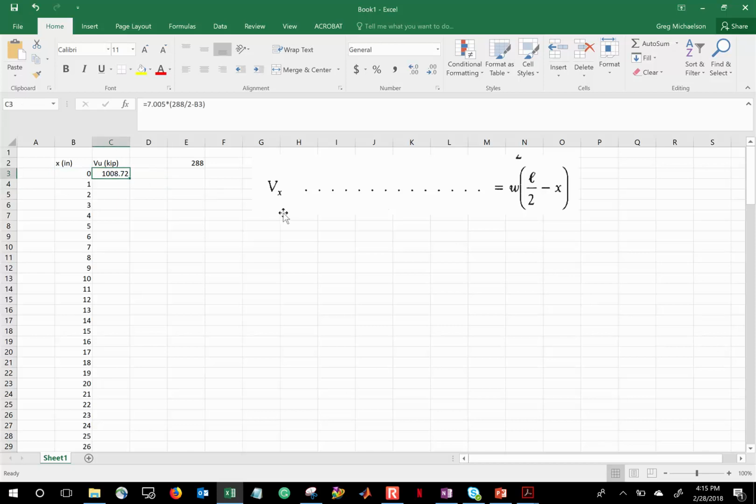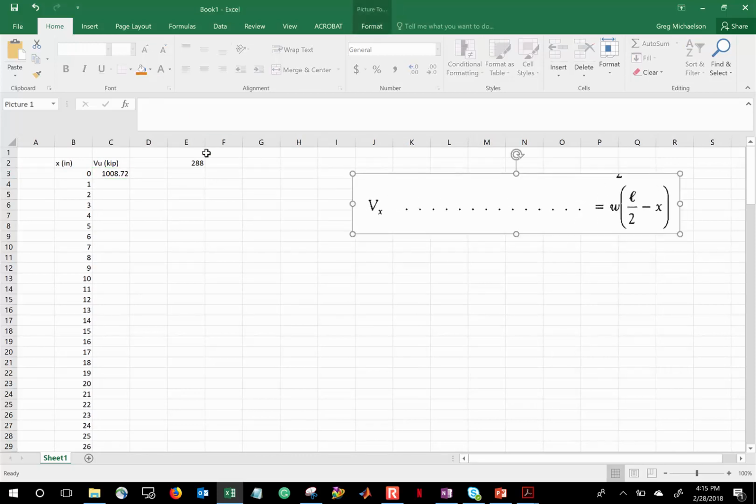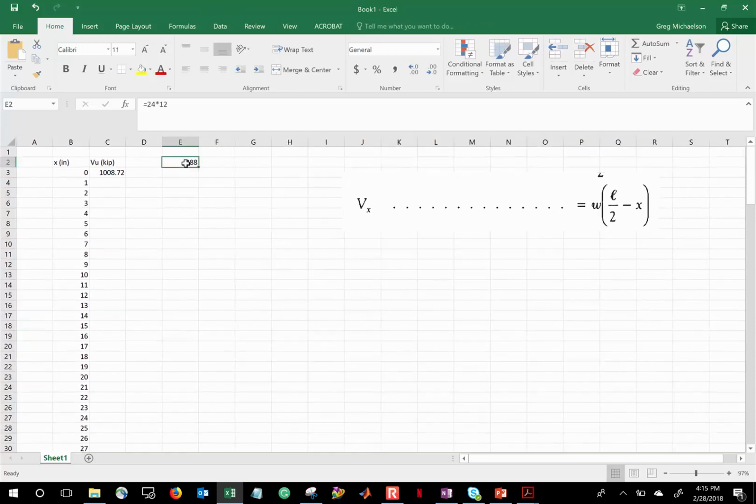This is perfect. So this is where units become so important. So actually, let's not be lazy about this. So watch this. Okay. So this is the span length in inches. Now that load I just computed or just wrote down was 7.005. But what were the units? See, this is perfect. That was kips per foot.